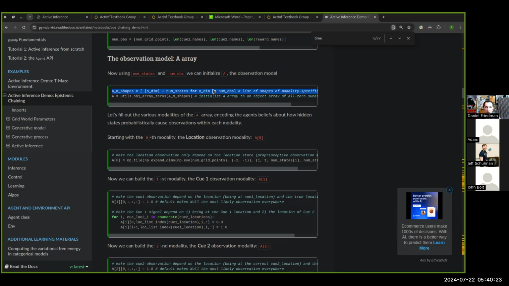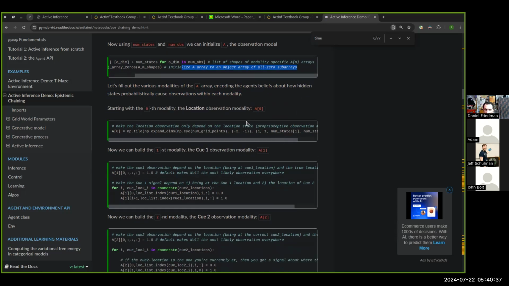So you could have 5 mapping onto 5, or you could have 1 mapping onto 5, any combination. Then they fill out all zeros just to get it going.